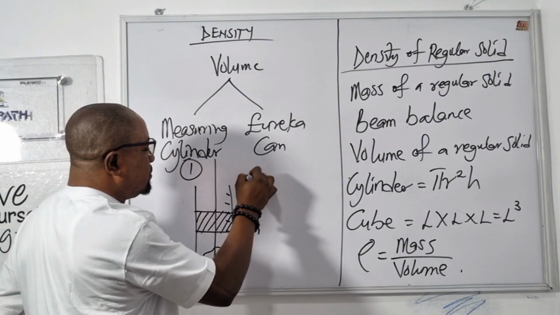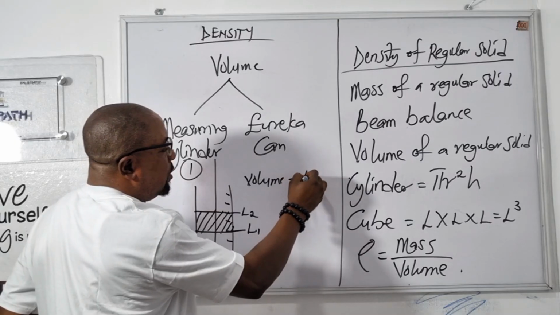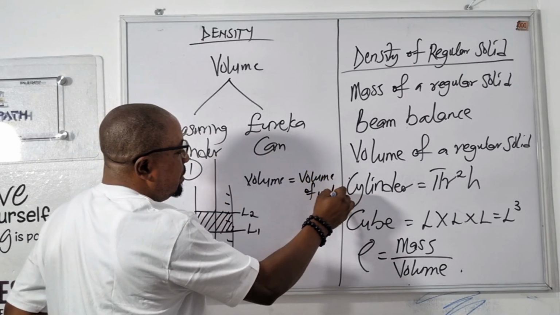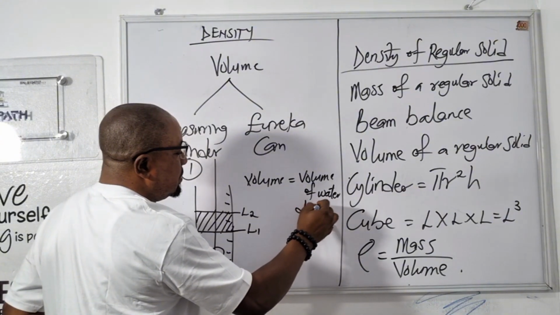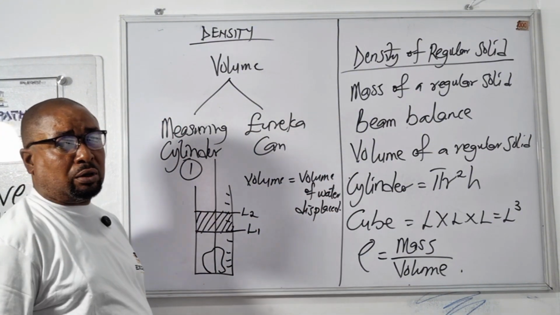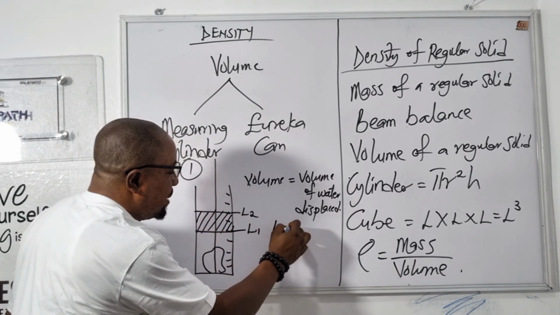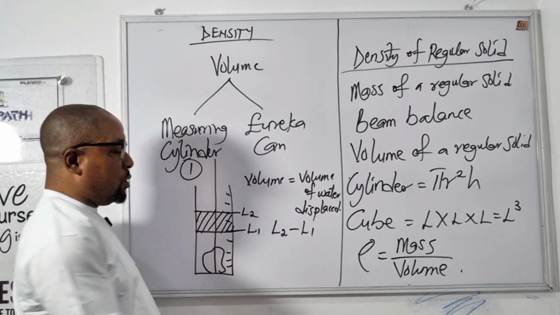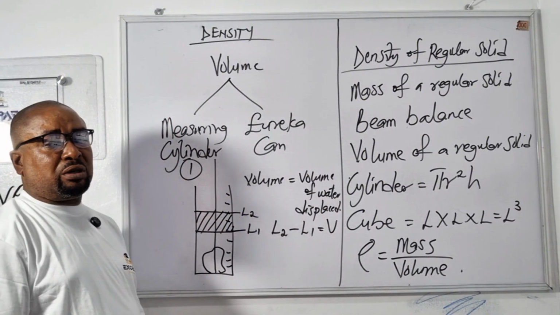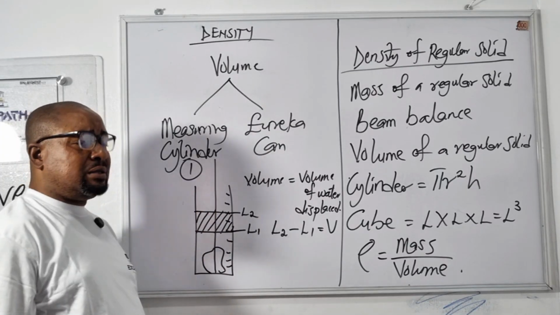So the volume will be equal to the volume of water displaced by this irregular solid. So when we measure this, L2 minus L1 will give us the volume of the irregular solid. So when we do this, we get the volume.